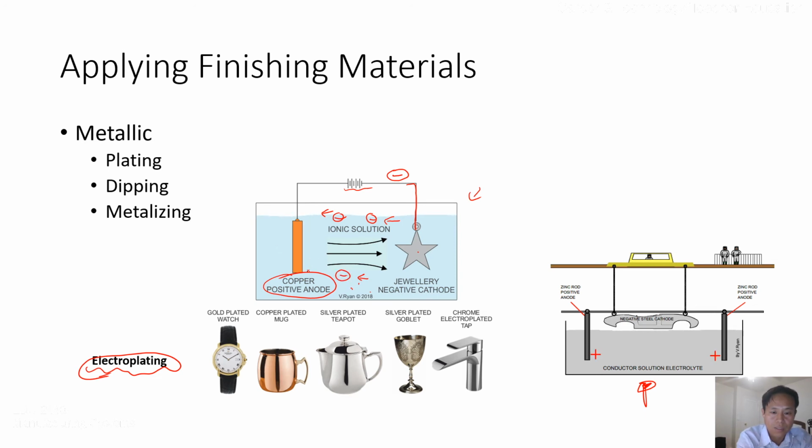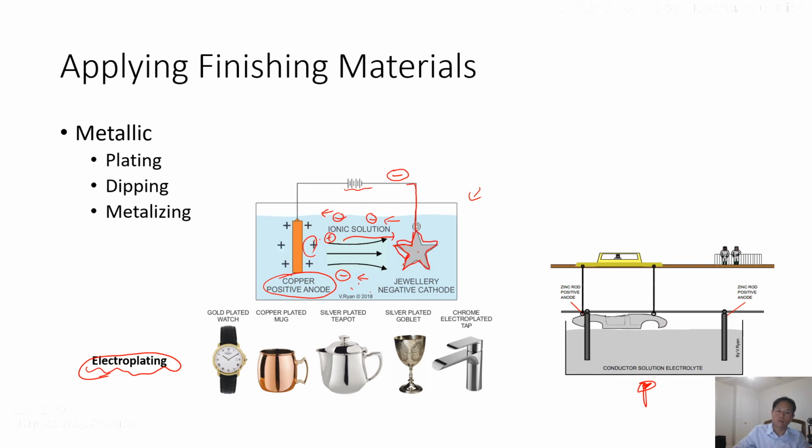But at the same time, the positively charged part tends to move to the negative side, because this silver has higher electric conductivity, so it attracts the copper components. The copper components move to this part, so they help coat this silver and create a copper coating. So this is the metallic coating called electroplating.